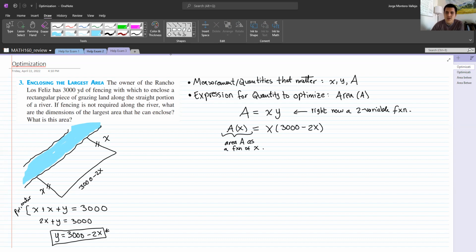You should be able to recognize this already as a parabola, because when you distribute the X, you are going to end up with some X squared and then X, without a constant term. That's the standard form for a parabola. And you should also see that the way it's written now, it's written as a product of two linear terms, X and then 3,000 minus 2X.